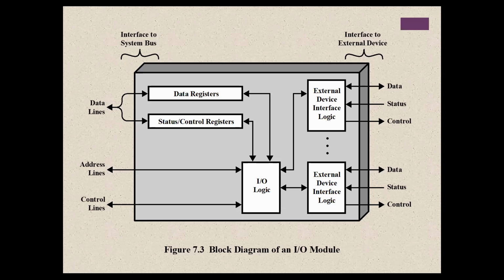An I/O module, again, that takes on most of the detailed processing burden by presenting a high-level interface to the processor, is usually referred to as an I/O channel or I/O processor. We will look at it again in detail. An I/O module that is quite primitive and requires detailed control is usually referred to as an I/O controller or device controller.